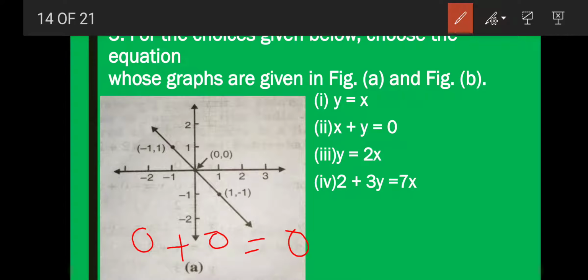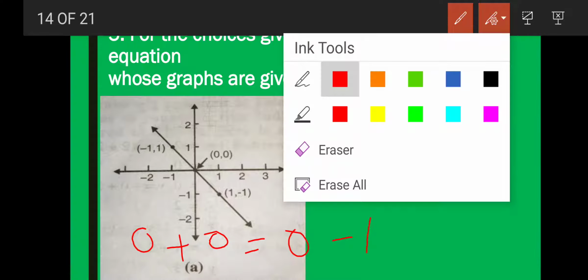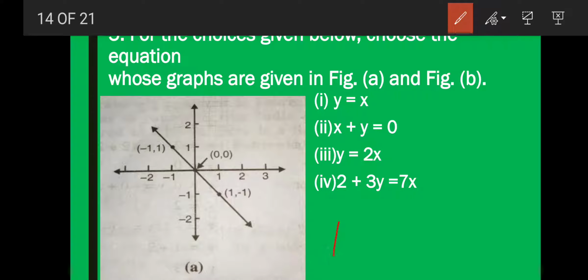Third point is 1 comma -1, x is 1 and y is -1. When we add these two numbers, that is equal to 1 plus -1, and 1 minus 1 is 0, that is 0. That means all these 3 points given on the graph satisfy this equation. So this is the right answer.